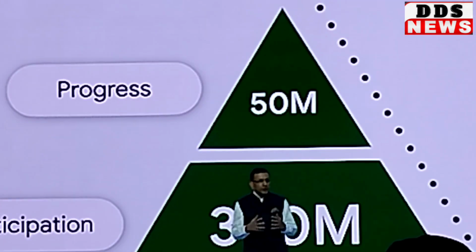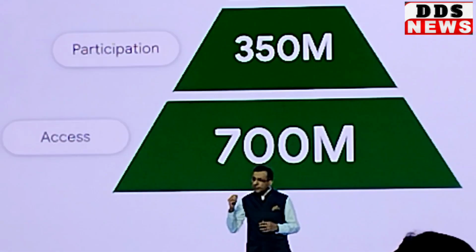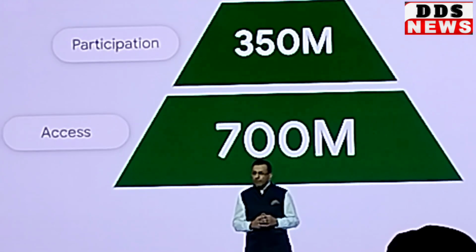So how do we make this journey equitable, inclusive, and safe for all users, and not just some? How do we build ramps that can help every single user graduate up the digital value chain?